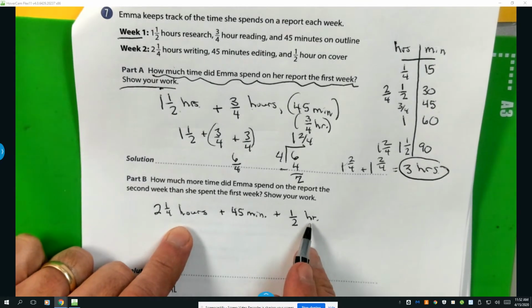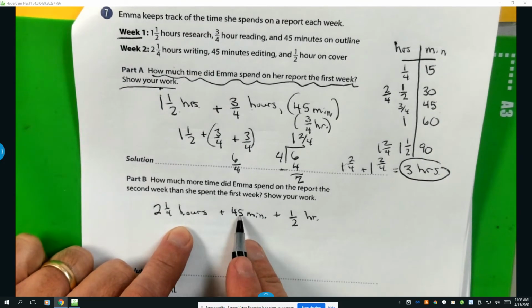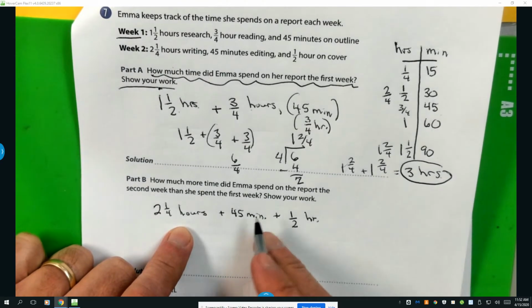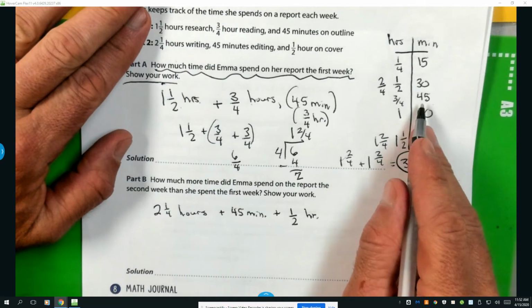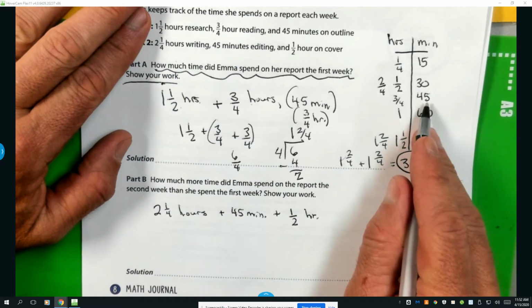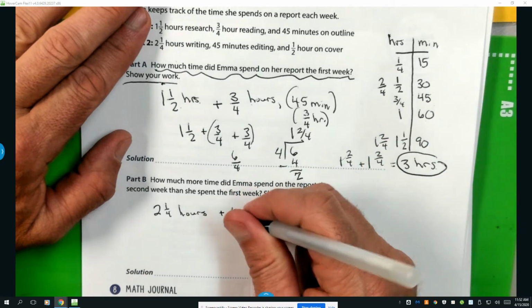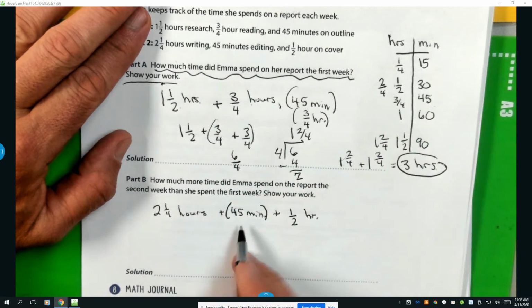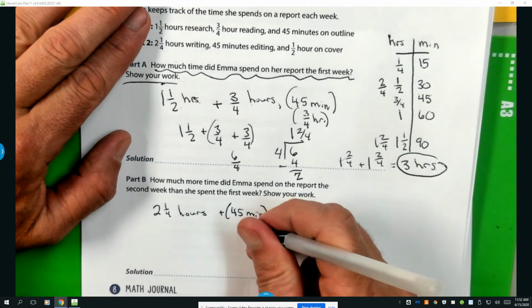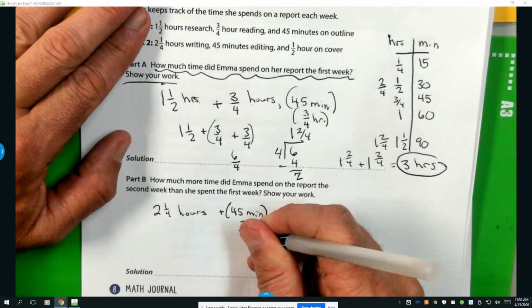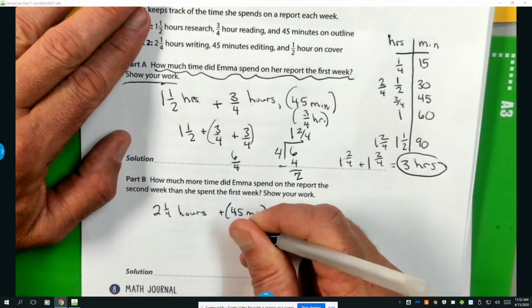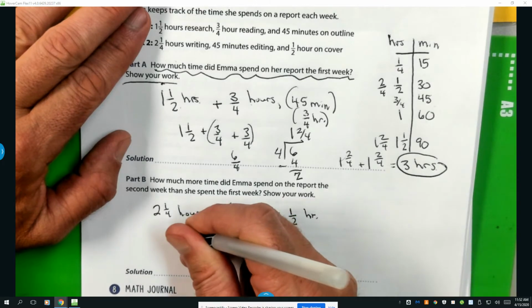So these are both in hours. This is in minutes. How much of an hour is 45 minutes? Go right back up to our chart. 45 minutes is 3/4. So I'm going to substitute. I'm going to convert 45 minutes to 3/4 hour.